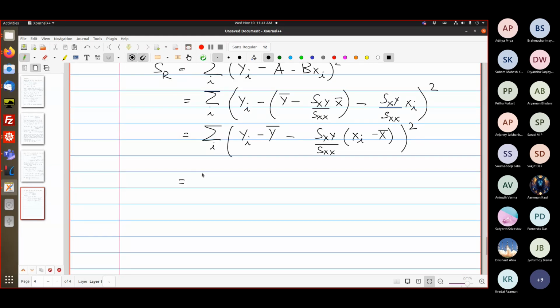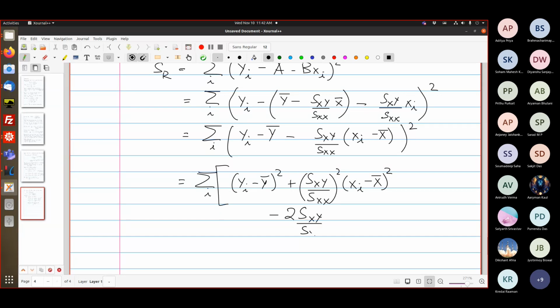All of this is inside the sum over i: yi minus y bar whole squared plus Sxy by Sxx whole squared times xi minus x bar whole squared minus 2 times Sxy by Sxx times yi minus y bar times xi minus x bar.